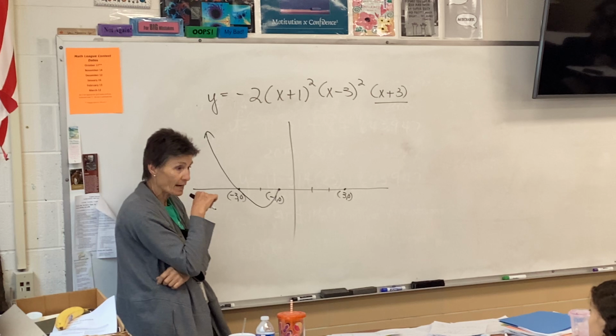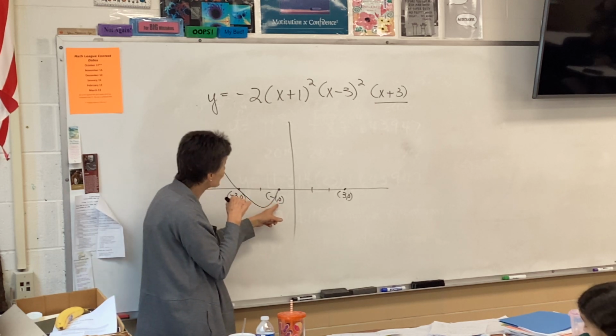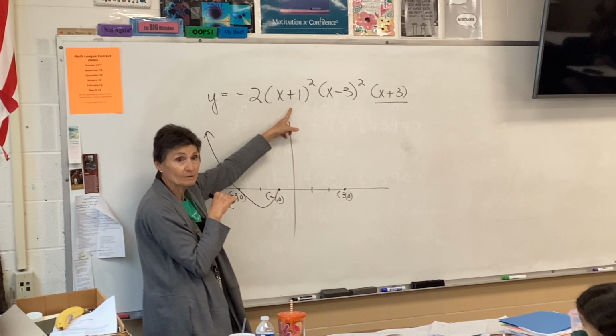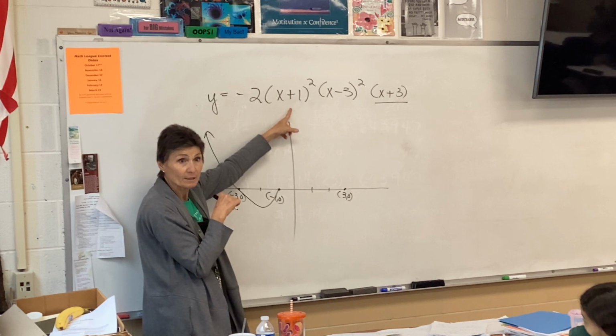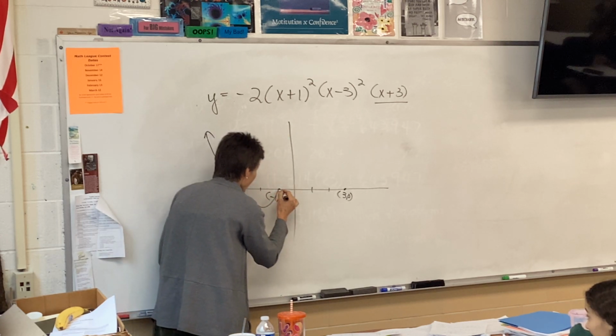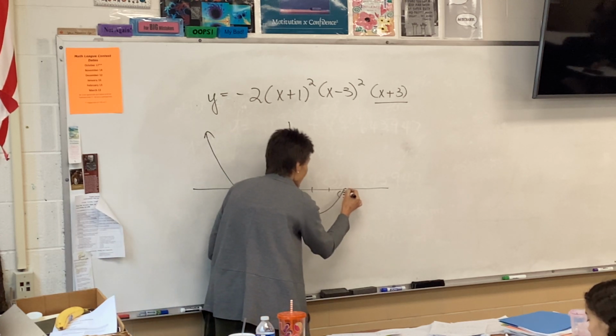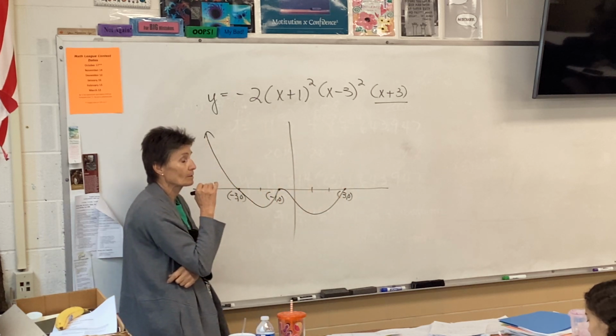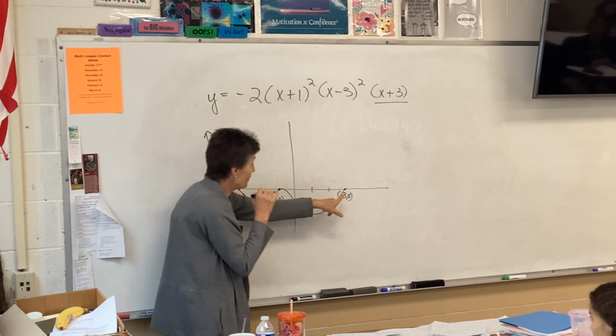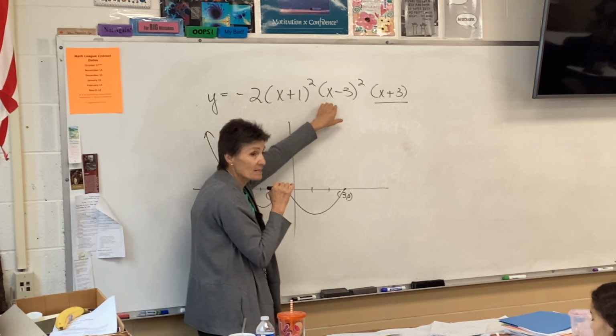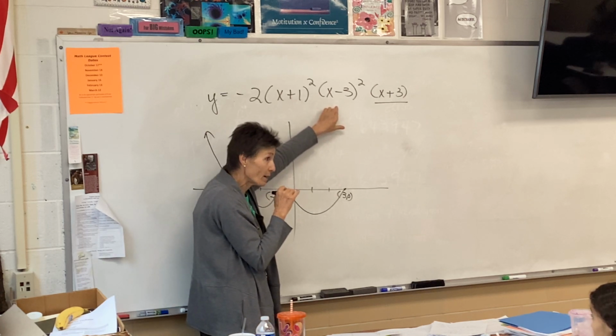Now I have to decide. That dot came from this factor, which is squared. So I bounce right off and connect to the next dot. That dot came from this factor, and it is also squared.